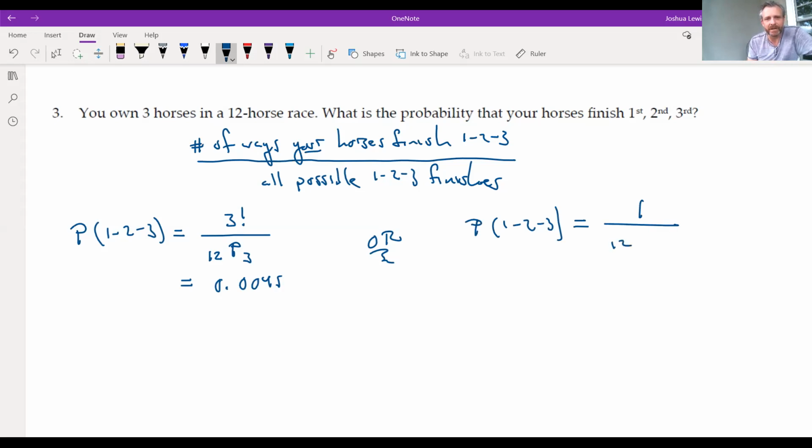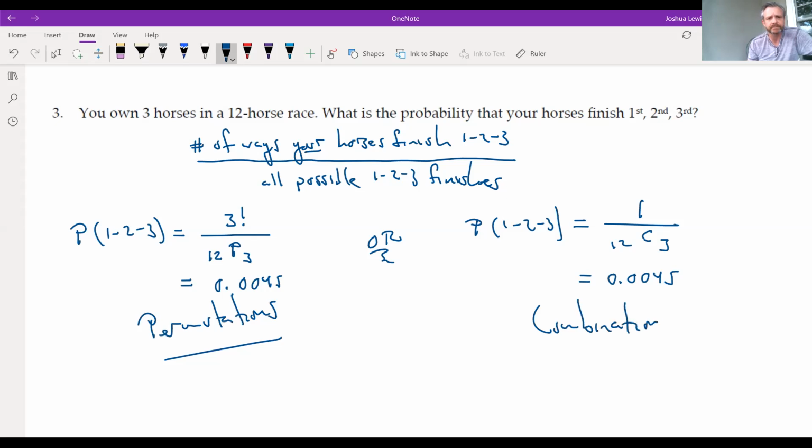Then my denominator would be 12C3, all different combinations of first, second, third finishes. And guess what? You get the same thing, okay? So 2 different perspectives. You've got a permutation perspective, which honestly I think is the more natural way to think about this problem. But over here, you also have the combination perspective, okay?